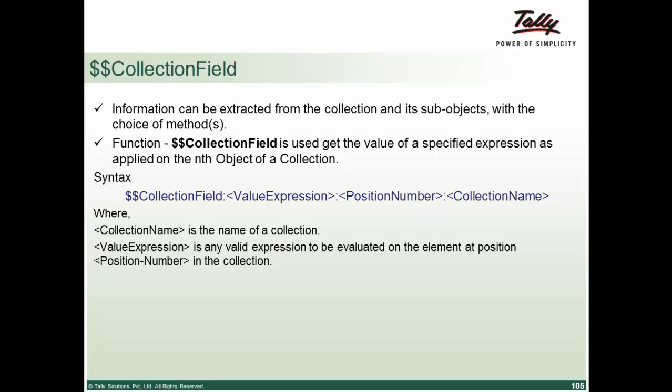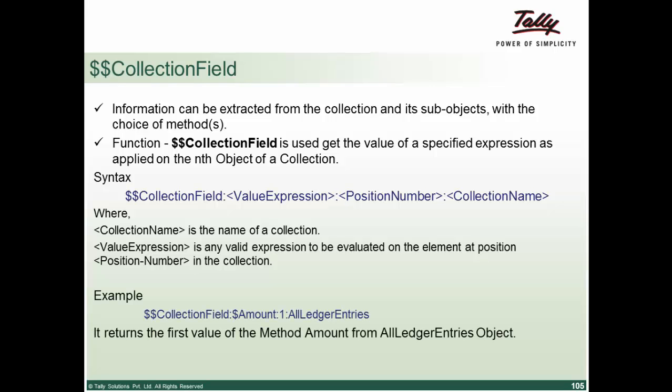Position number will be the index number of the object 1, 2, 3, 4. Again, we have two specific keywords here, first and last. So this is an example: $$collectionfield: $amount 1 all ledger entries.